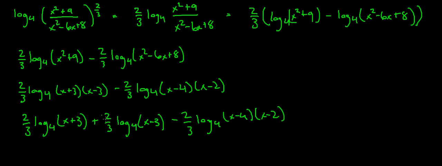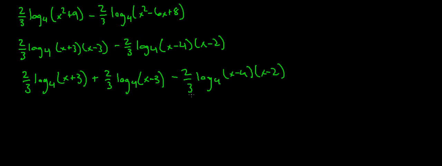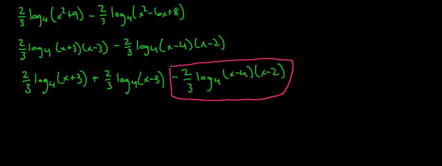So this 2/3 was distributed to both. And the reason I want to talk about this one is because this has a minus sign. And I know what someone is going to do. Let me write this in a different color because it's wrong. I know someone's going to take this expression right here, and they're going to expand it like this.